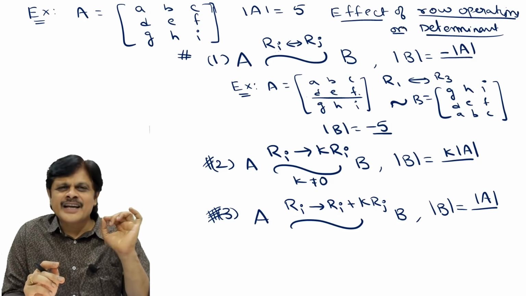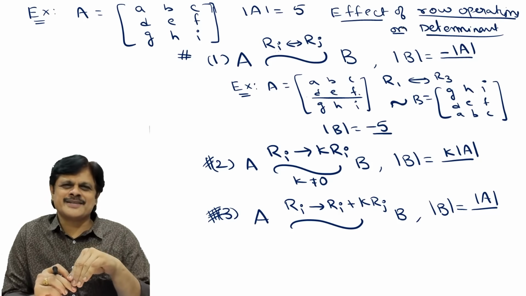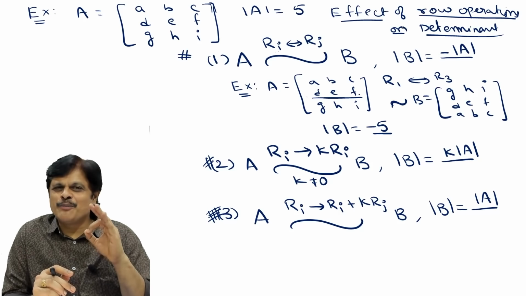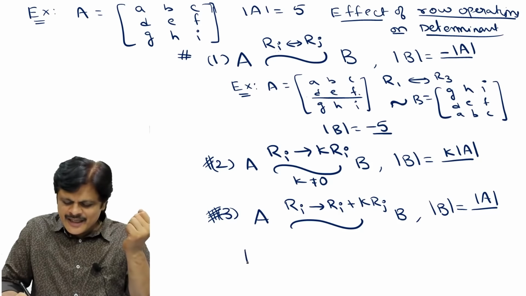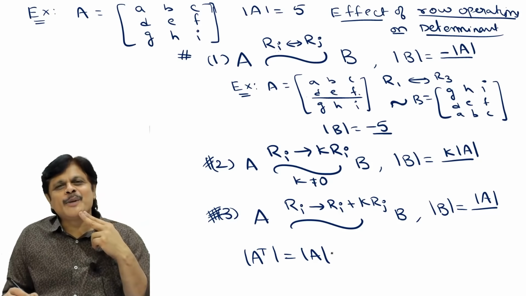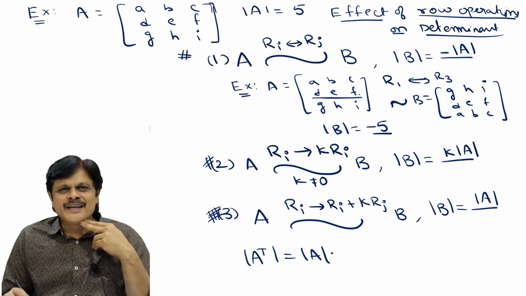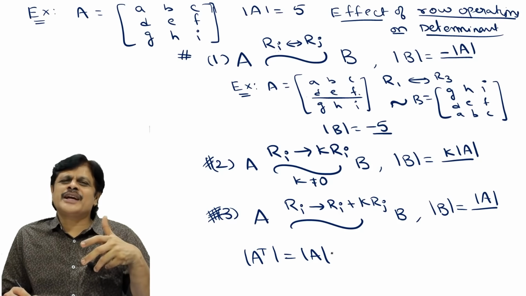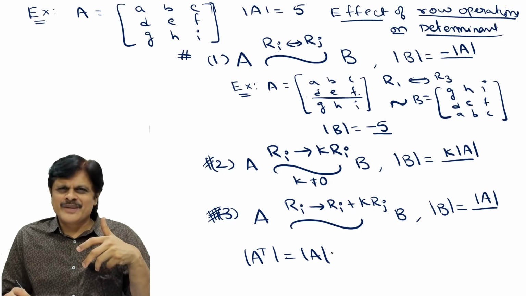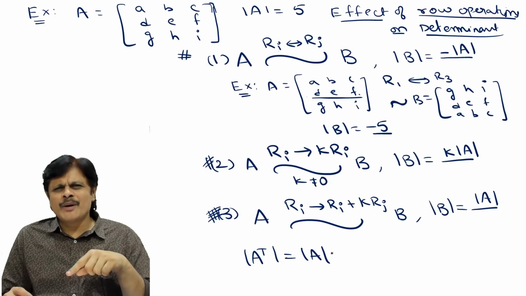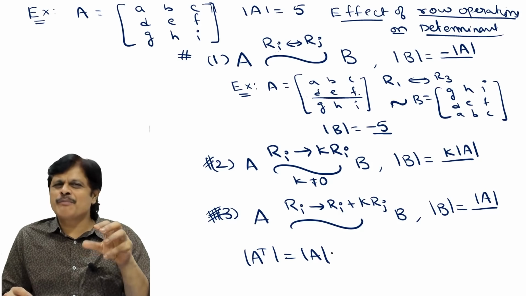But generally I skip column operations completely because there is one beautiful idea which we already did: the determinant of A transpose is the determinant of A. See, in this course, most of the time we require only row operations, and if you do column operations, there may be some confusion for people.